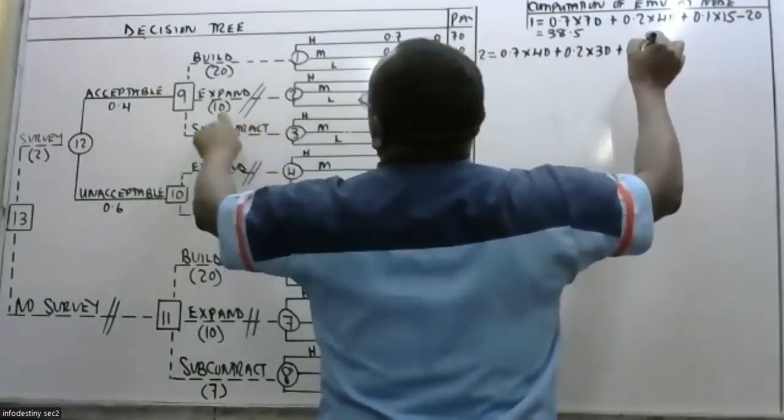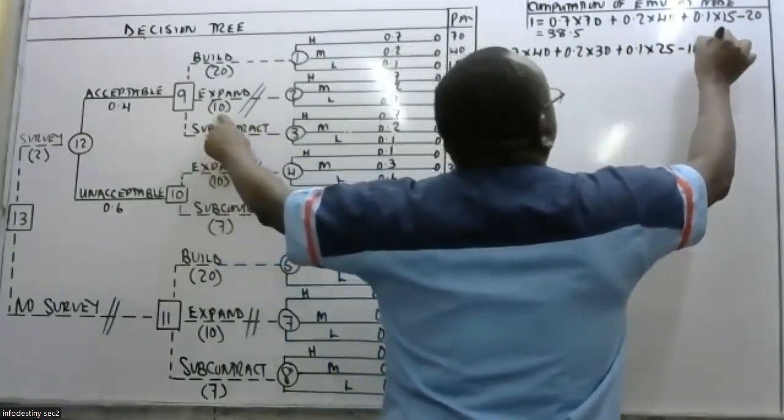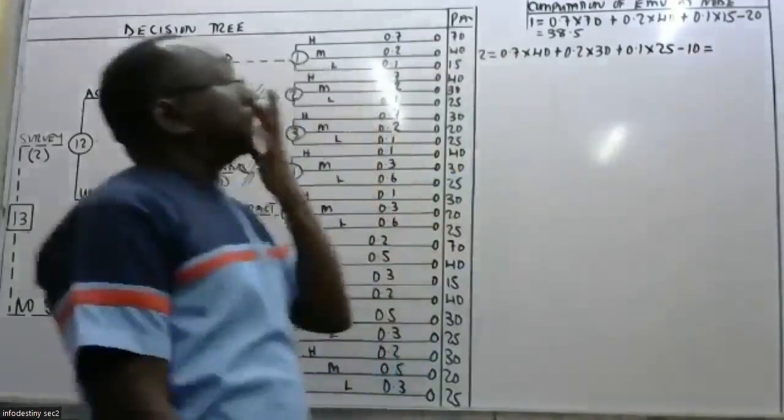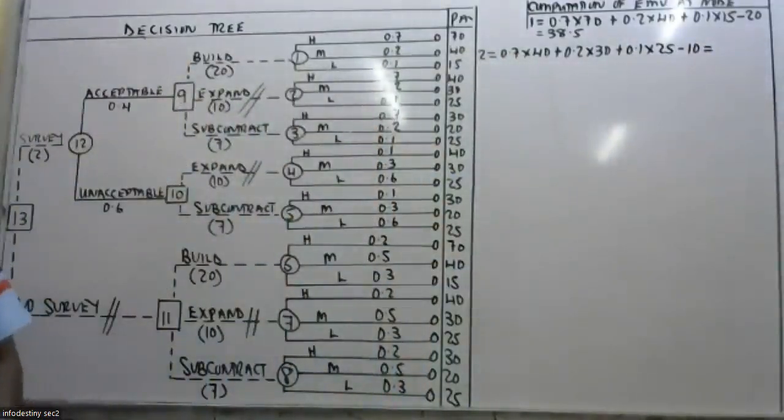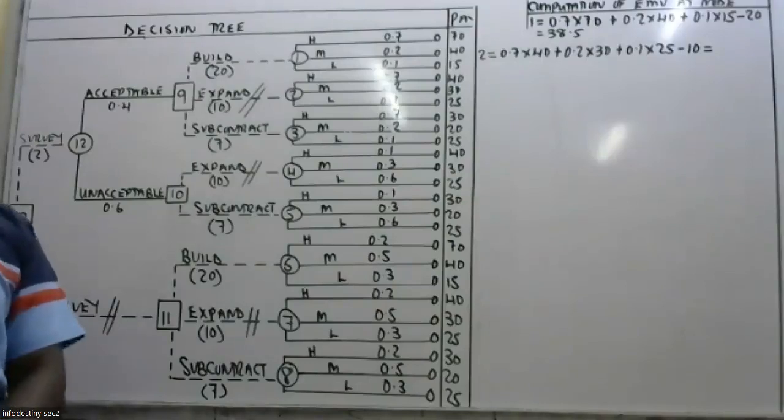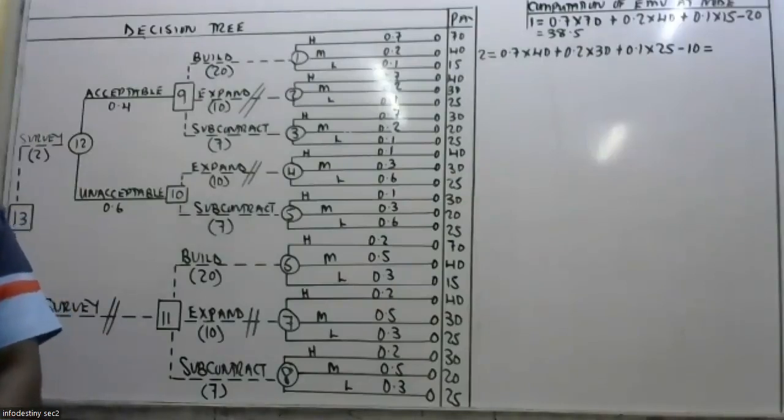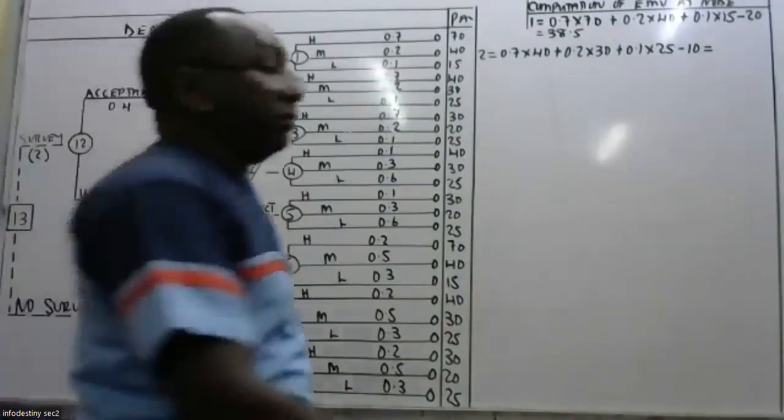Then you subtract the cost that is coming in, 10. That is 6.5.